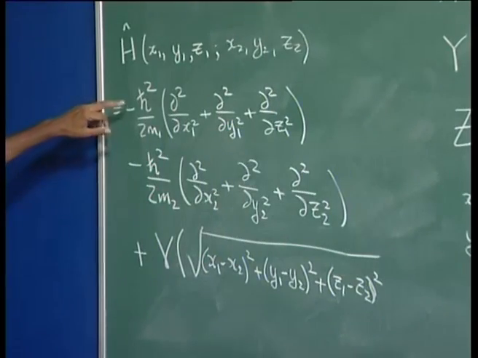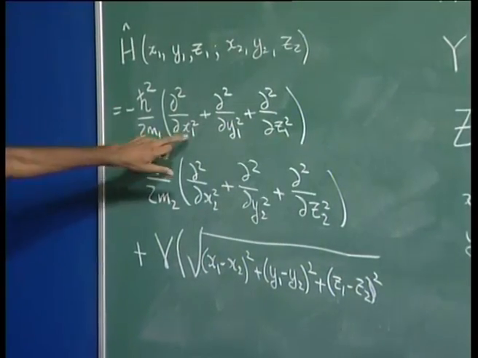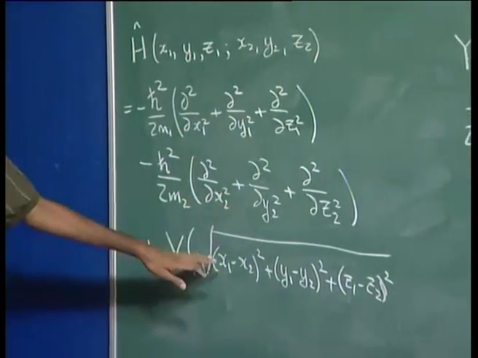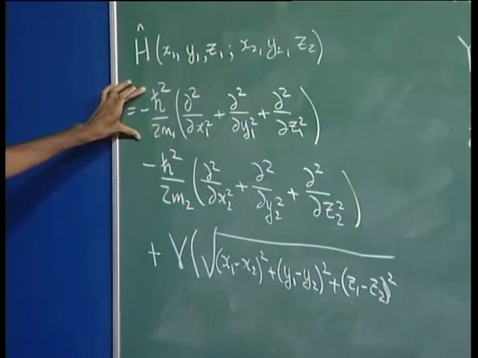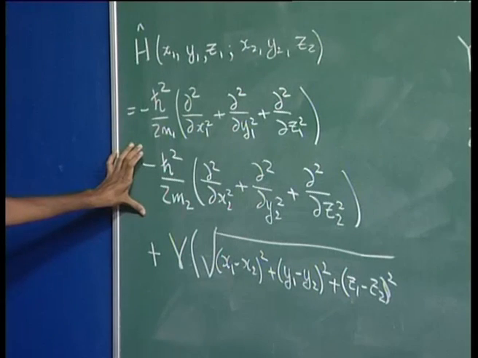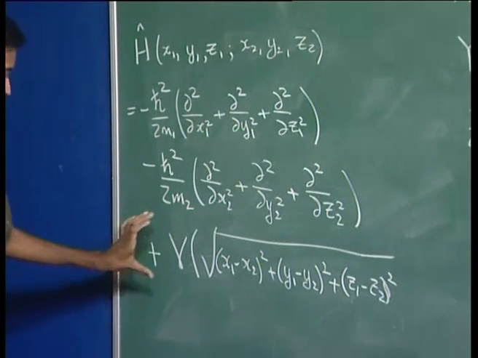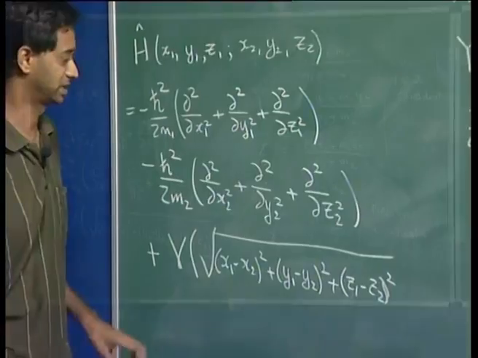Okay. So, we want to go from a function of x1 y1 z1 x2 y2 z2 to a function of x y z, and let me remind you once again that this is the kinetic energy of particle 1, this is the kinetic energy of particle 2, and this term is the interaction potential energy of the two particles.